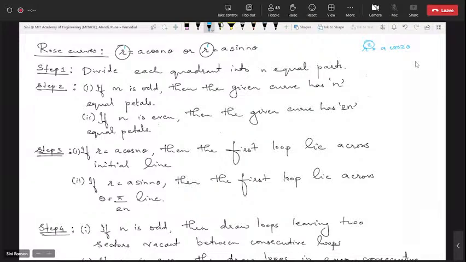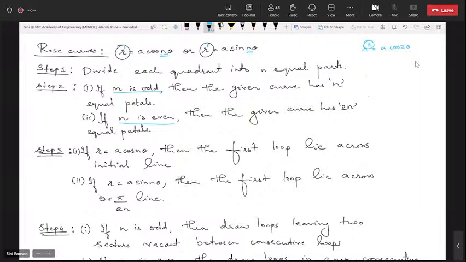So now once you identify that it is a rose curve, this is the procedure for tracing it. First, divide each quadrant into n equal parts; whatever your n is, you need to divide it into n equal parts. Second, you have to see how many petals, how many loops, you have to draw. That depends on whether your n is odd or even.